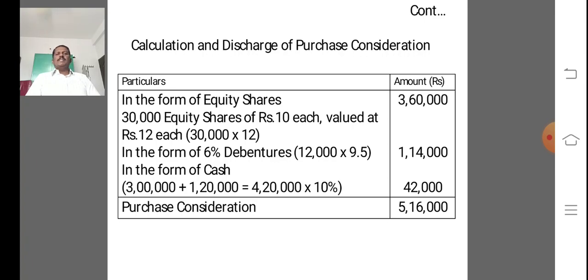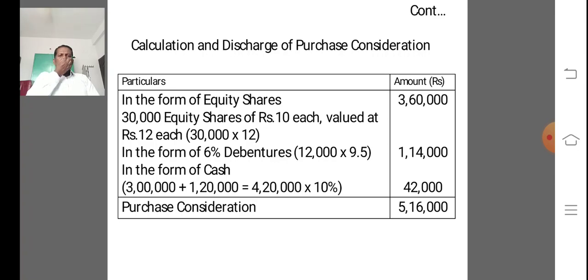Another is in the form of 6% debentures, that is 12,000 into 9.5. Why 9.5? Because face value is 10 rupees but issued at a discount of 5%, that is 50 paise. 10 minus 50 paise is 9.5. So 12,000 into 9.5 is 1,14,000.